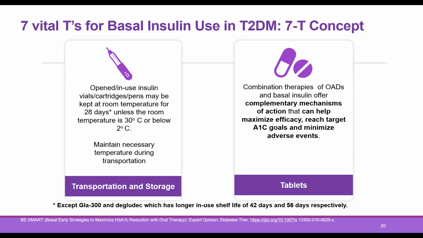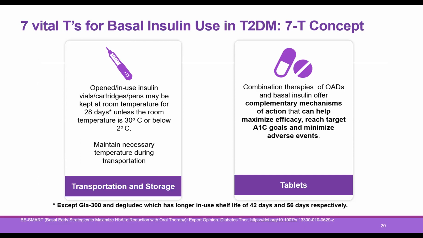But if somebody is buying 4-5 pens or cartridges simultaneously, then he has to put them into the refrigerator, and only the cartridge or the pen which he is using should be outside. Now, if the patient prefers to keep all the insulin supply in the refrigerator, then he has to take out the pen at least 1 hour before injection. So bring the insulin to room temperature and then inject.